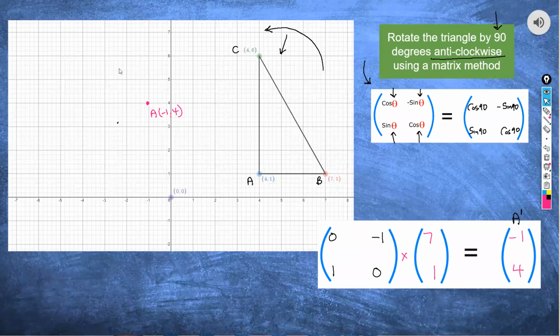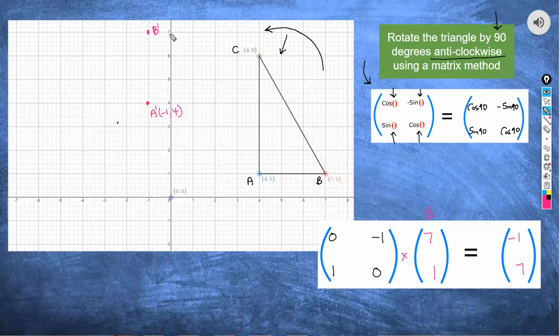Take 30 seconds again, and then I will jump in. All right, so let's see what we got for point B. When I multiplied by point B, I got minus 1, 7. That's for B prime. Let's see how that looks here. -1, and we go up to 7. So this is B prime. I should have put a little prime here.